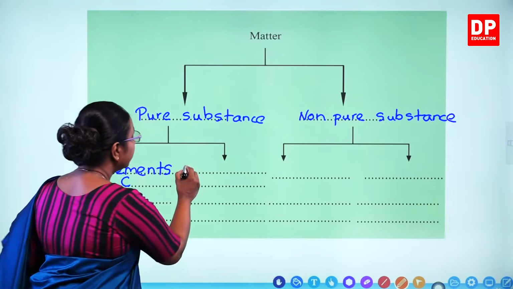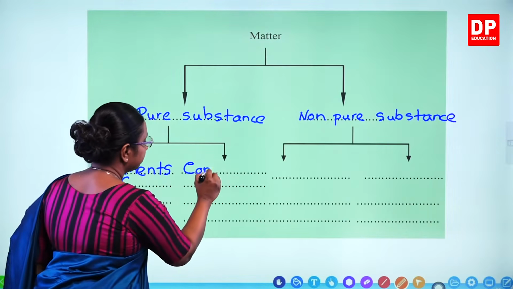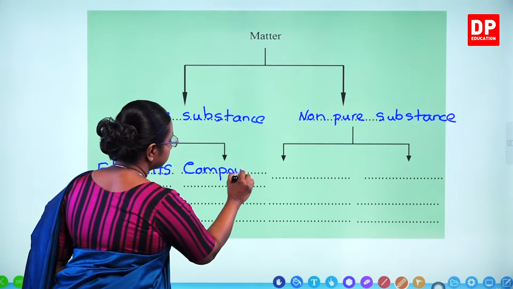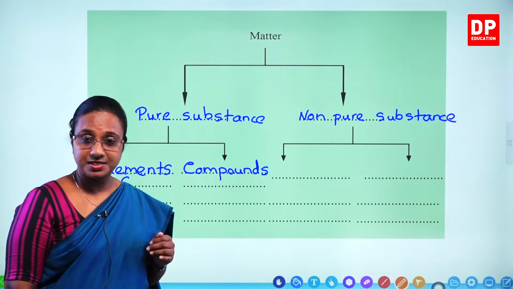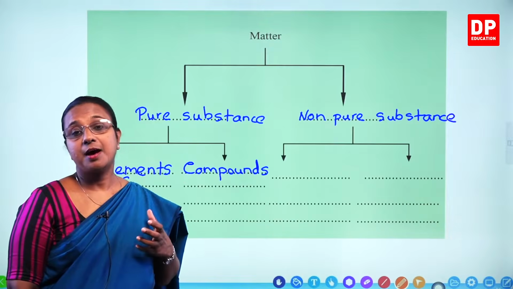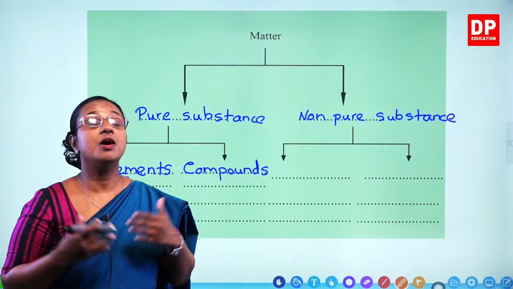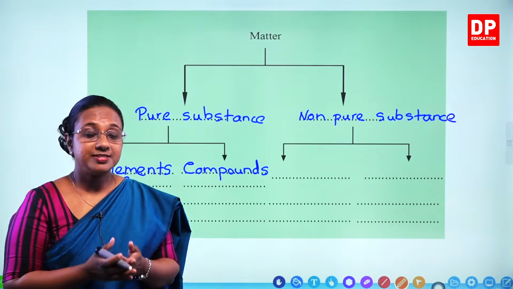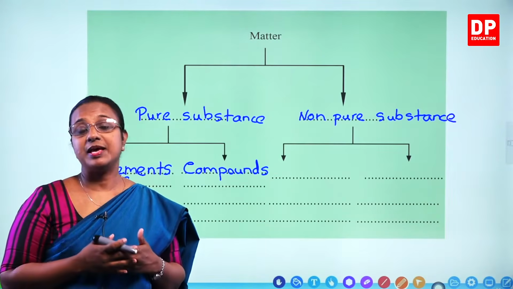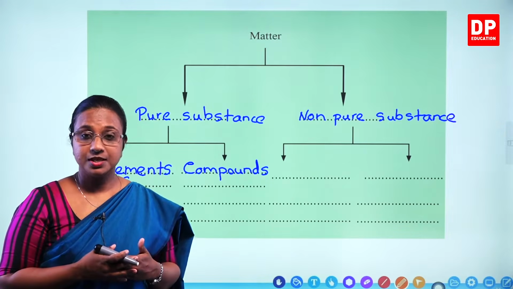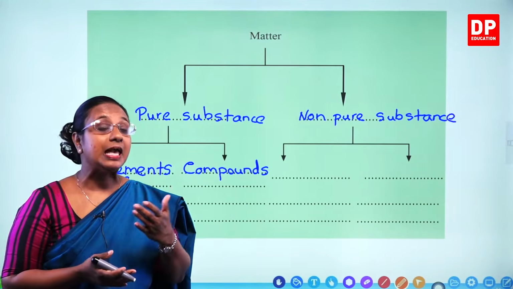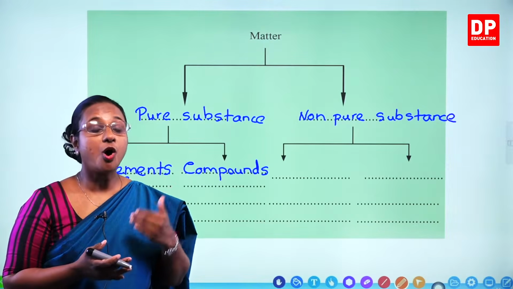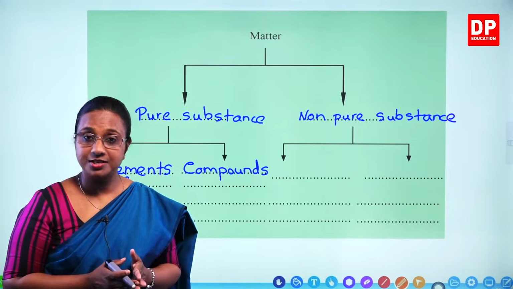Then we have the compounds. Compounds are also pure substances. They are made up of one type of molecules. For example, water is made up of water molecules. And a water molecule is formed by the chemical combination of oxygen with two hydrogens.